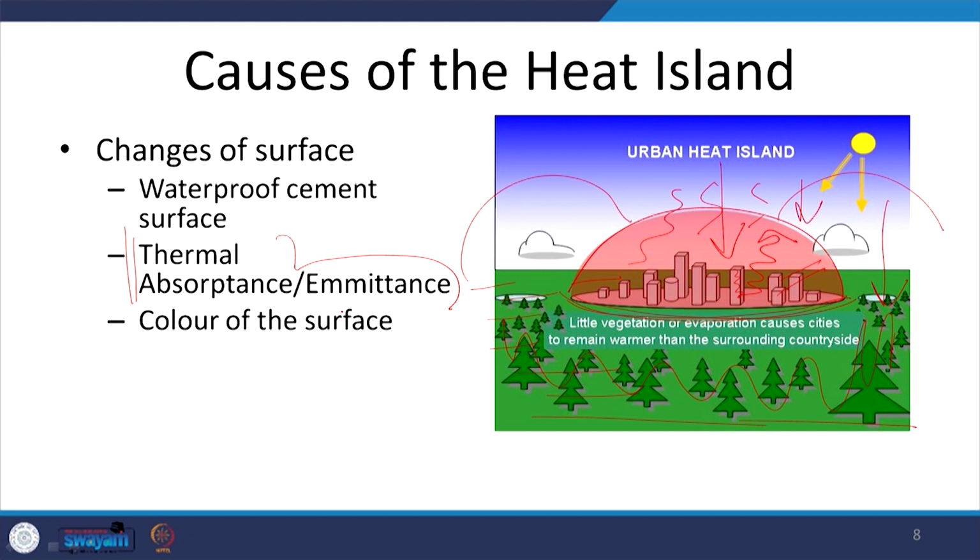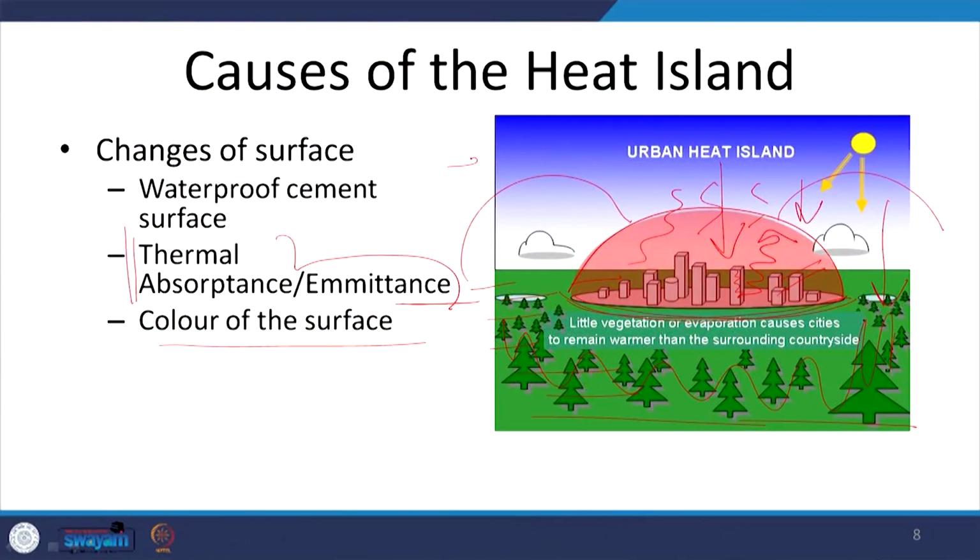So, the thermal properties of these surfaces have a large role to play, and also the color of the surface. The lighter the surface, the more heat it reflects, and hence a lesser amount of heat is absorbed and further re-emitted. So, these are the properties of the surface which impact the urban heat island and its intensity.